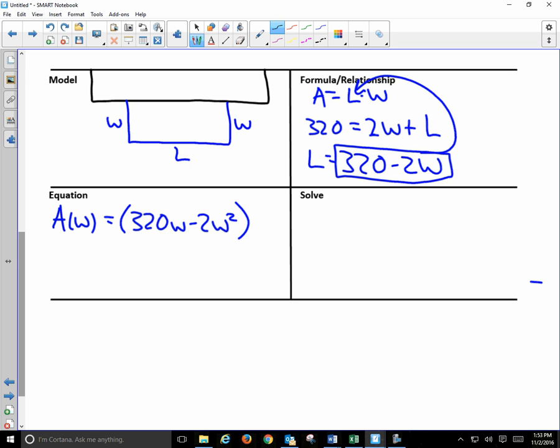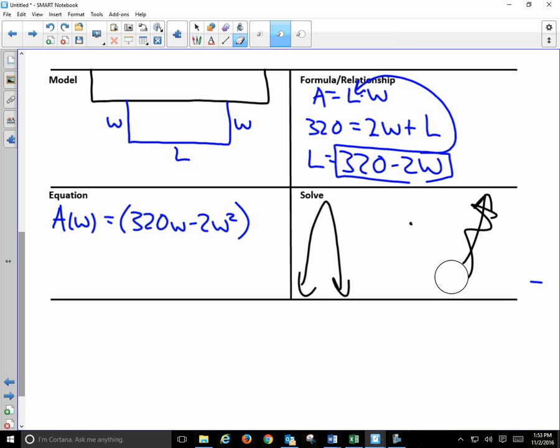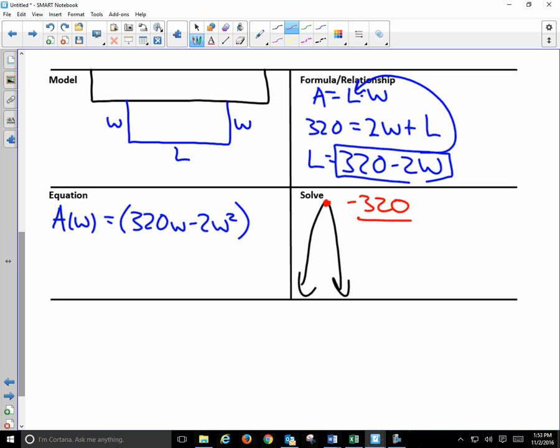Okay, so it's a parabola. It's upside down, right? Okay, so the vertex, you're looking for that. What is negative b? What does 80 represent?